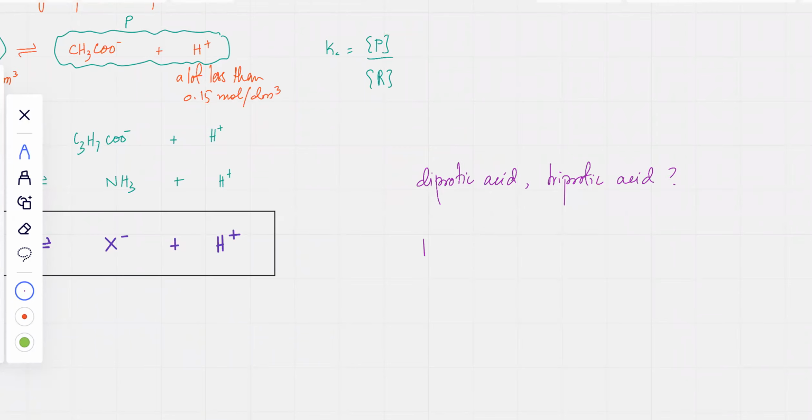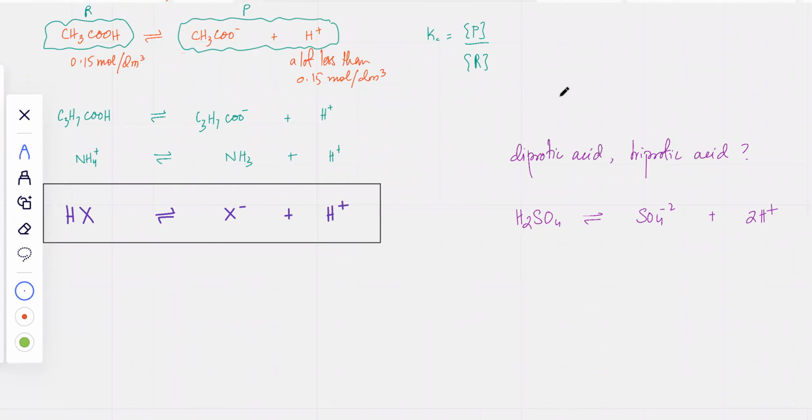So for example, you've got H2SO4. It would ionize. It would produce an SO4 2- ion, but it's going to produce 2 H+ ions, right? So this general equation is kind of different from this one. The only thing different is that there should have been 2 H+ over here, right?